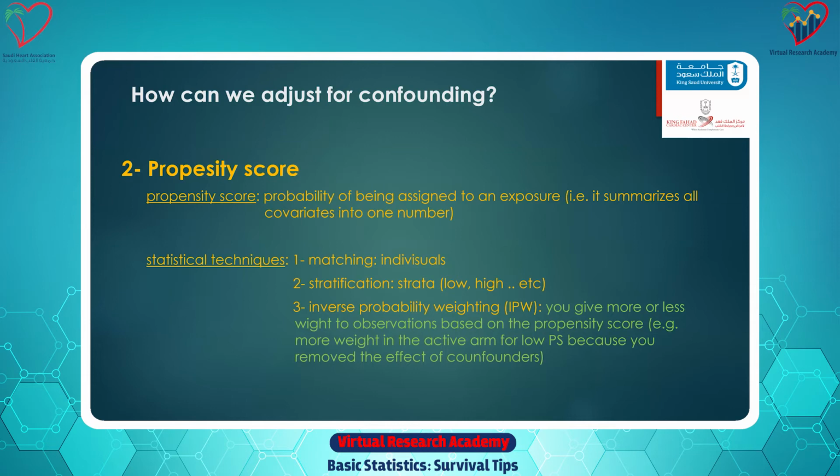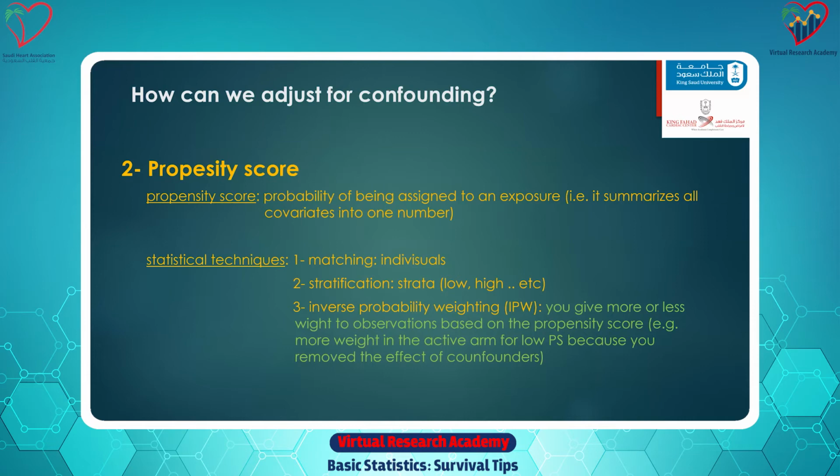The high propensity score individual who was given digoxin, or the high propensity score who wasn't given? It's the one with high propensity score who wasn't given, because the one with high propensity score who was given digoxin and then died, we don't know if the death is because of the score, high score, or because of digoxin, right? So we give more weight to the high propensity score individual who died than the other one, because it's more informative. But let me give you another example.